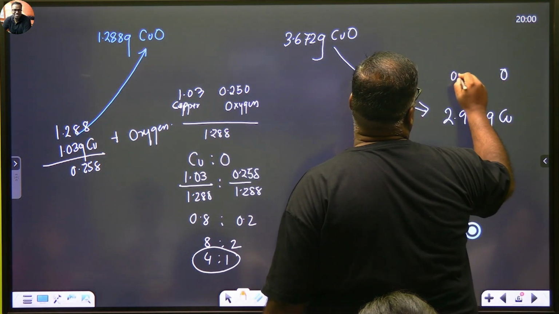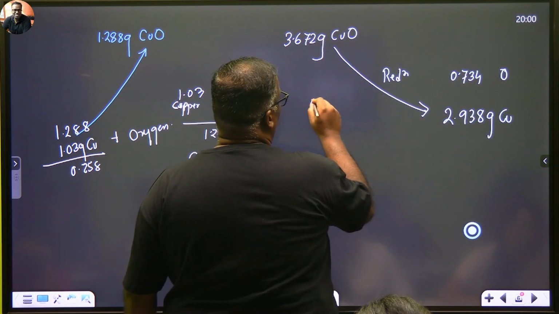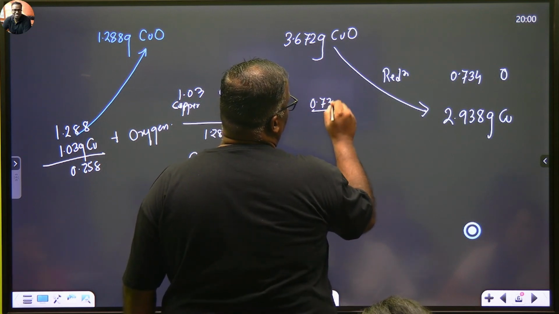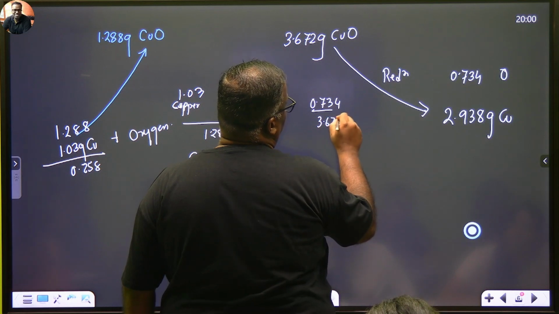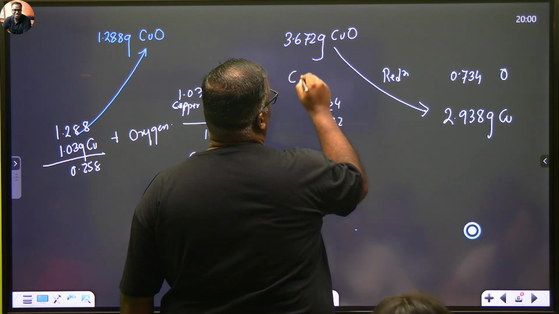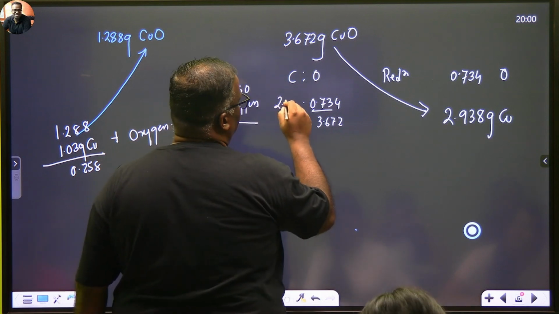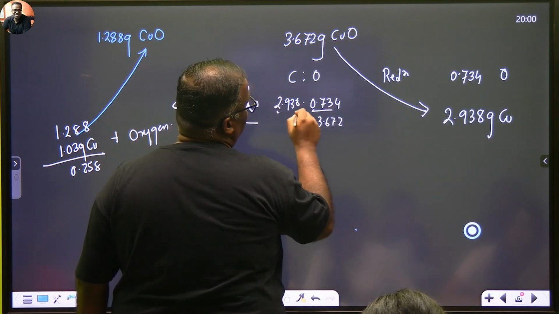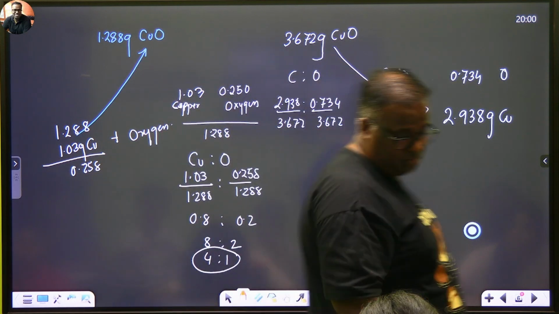Oxygen is 0.734. So how is the ratio out here? 0.734 is oxygen is to how much? 3.672. So this is copper is to oxygen, and copper should be how much? 2 point is to, देखते हैं मैच करता है कि नहीं.